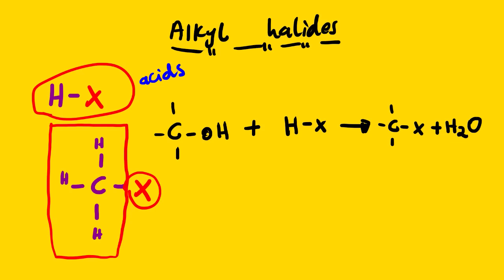Whenever we react an alcohol and a hydrogen halide, we are going to form an alkyl halide and water. And yes, this is a substitution reaction, because you can see where there was a hydroxy group, we are going to substitute it with a halide. Once we talk about substitution, you should know that we are going to be reviewing SN1 and SN2 reactions.